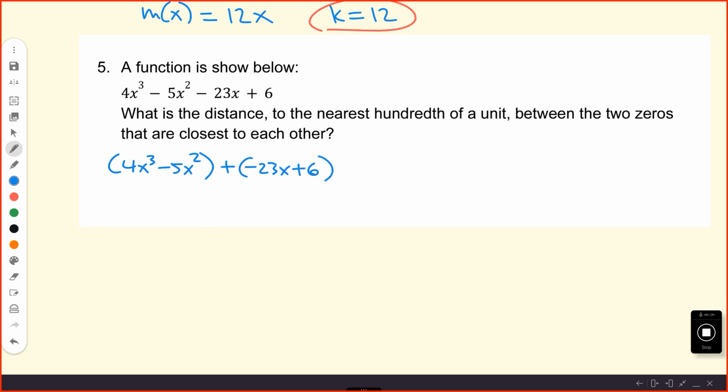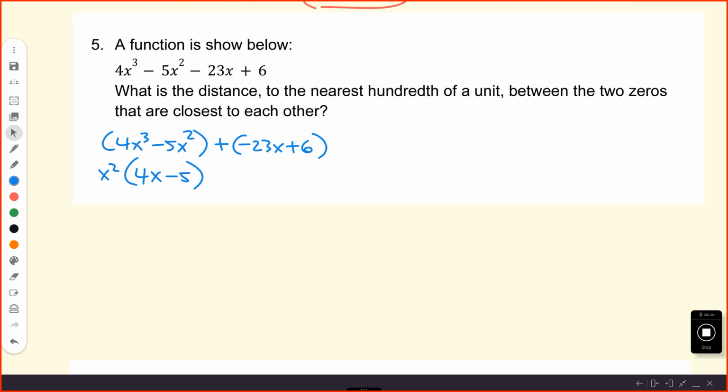You can't, because if we take out the common factor x squared, this is 4x minus 5, and we cannot factor that. There's no common factor for negative 23x and 6. So that's why we cannot use the grouping method.